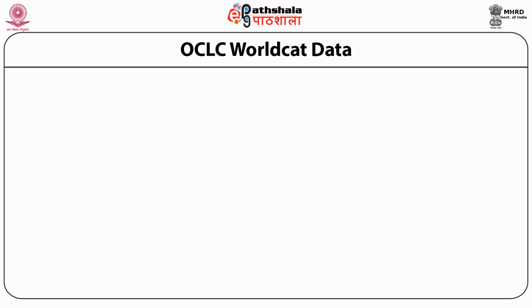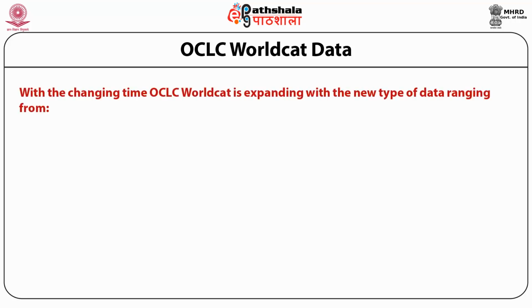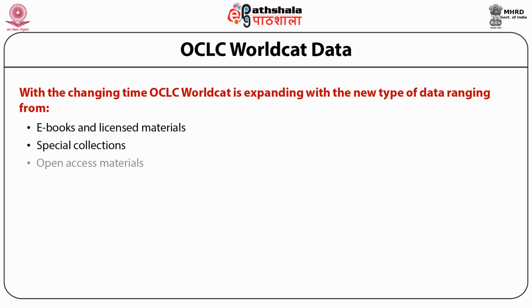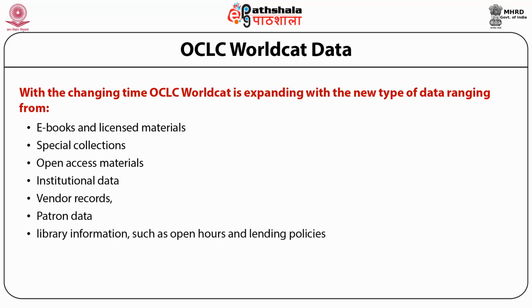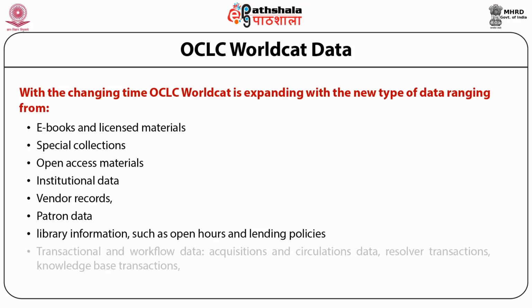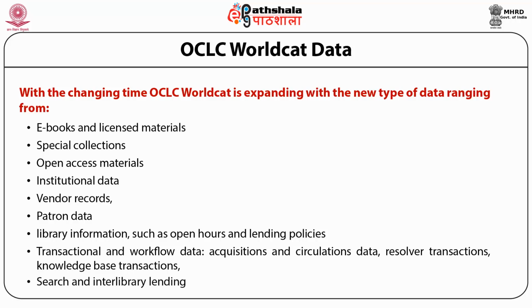It has a lot of collections. With changing times, WorldCat is expanding with new types of data ranging from e-books and licensed materials, special collections, open access materials, institutional data, vendor records, patron data, library information such as open hours and lending policies, transactional and workflow data, acquisition and circulation data, resolver and transactions, knowledge-based transactions, search and interlibrary lending.